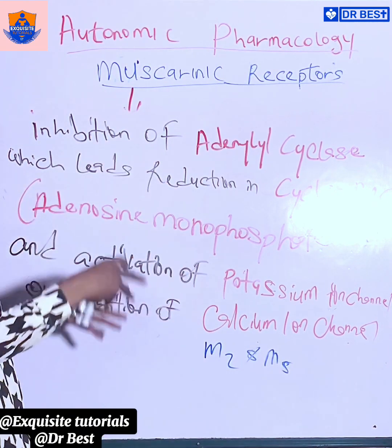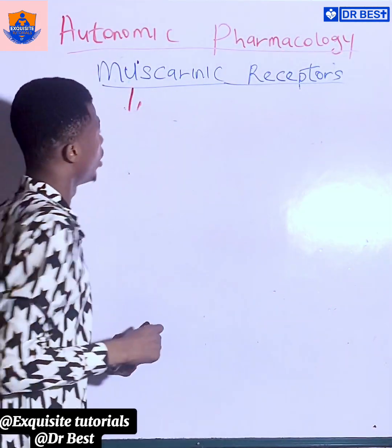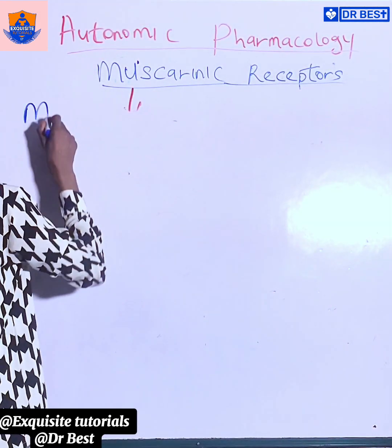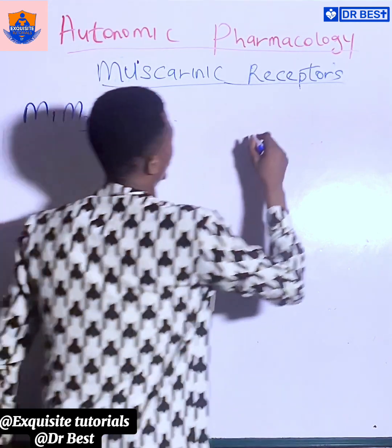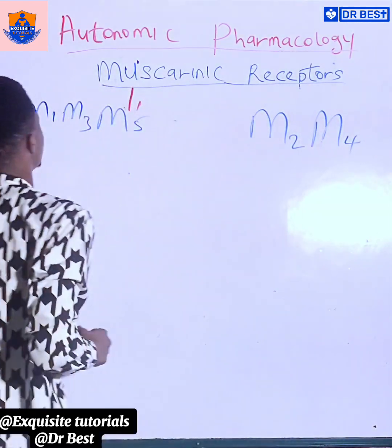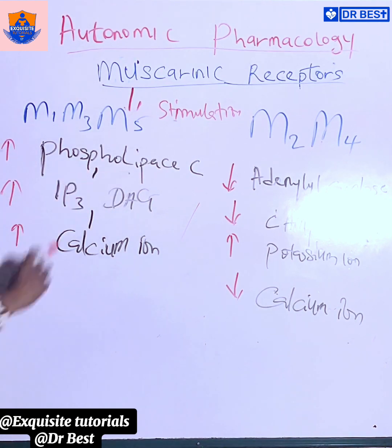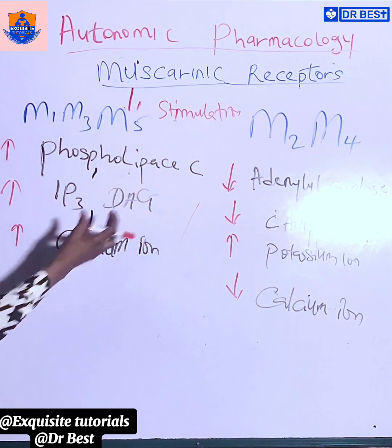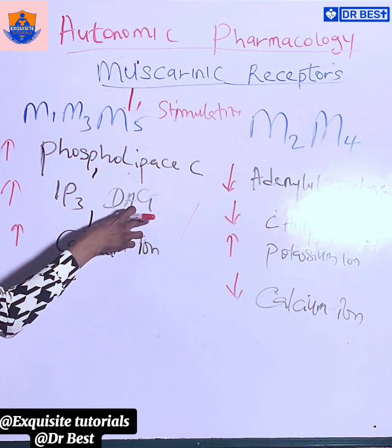Now let me put this in a table where we can understand. So we have muscarinic receptors M1, M3, M5, and we have M2, M4. For M1, M3, and M5, you're going to have activation of phospholipase C, which will lead to increased formation of IP3, which is inositol triphosphate, and diacylglycerol.